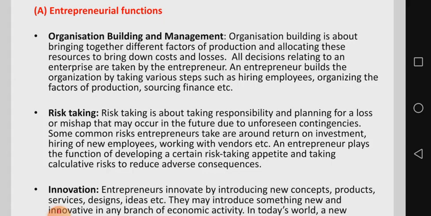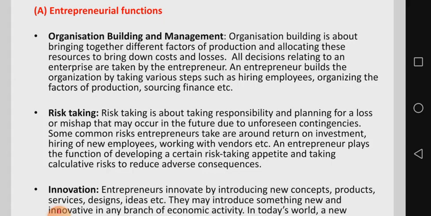So initially, as we discussed in the classroom also, entrepreneurship is about taking calculated risks. When we talk about risks, the main factors involve the risk of losing money or the risk of losing important employees. So when your business does not go well, how will you manage, or how will you face that particular condition or situation?